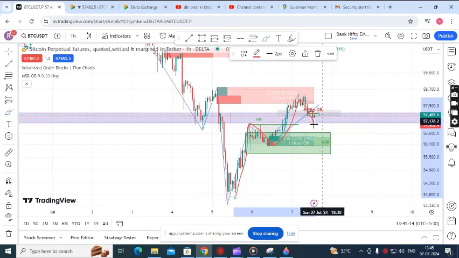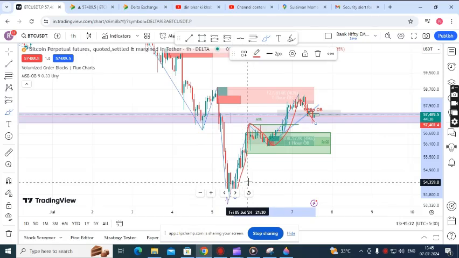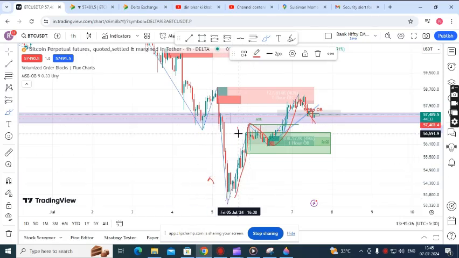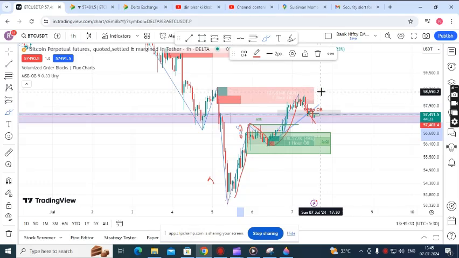I think it is going to move up from here, from this ABC movement. You may know ABC. We have A, we have B, C, and now we have a D.